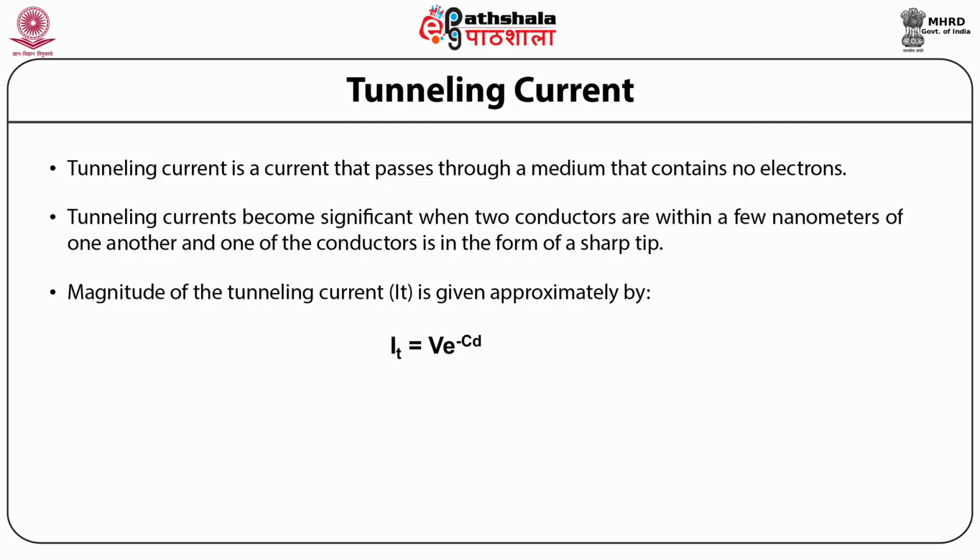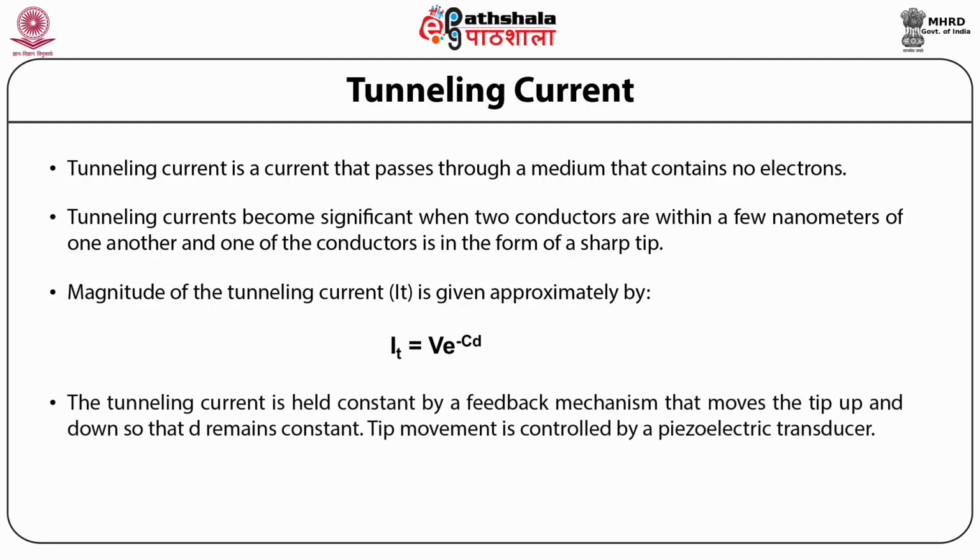Here V is the bias voltage between the conductors, and the constant is characteristic of the composition of the conductors. D is the spacing between the lowest atom on the tip and the highest atom on the sample. The tunneling current is held constant by a feedback mechanism that moves the tip up and down so that D remains constant. Tip movement is controlled by a piezoelectric transducer.